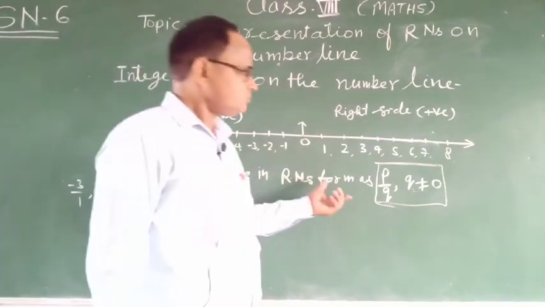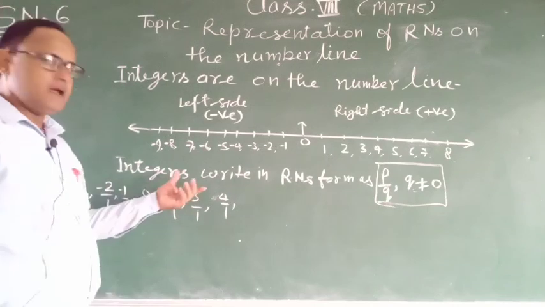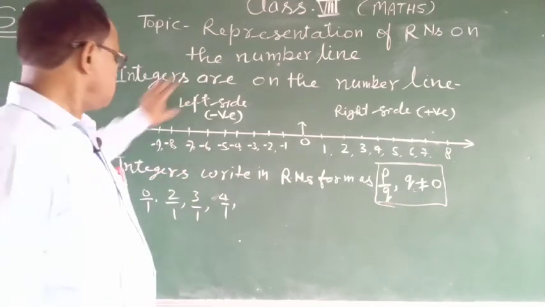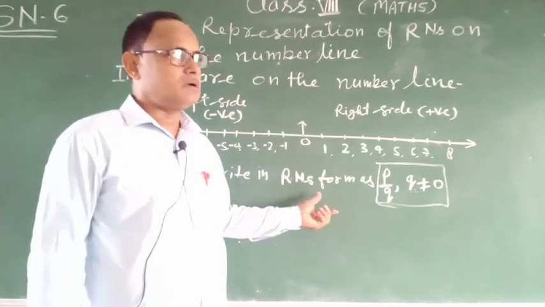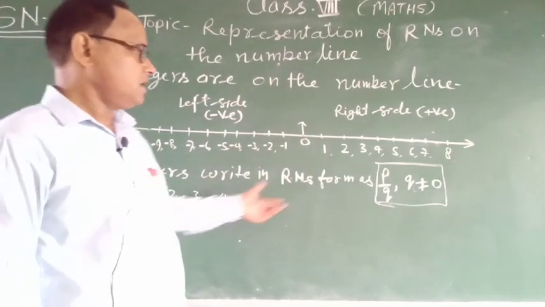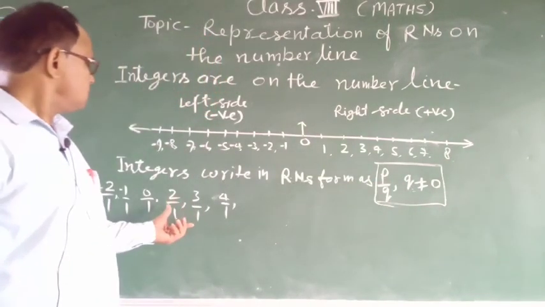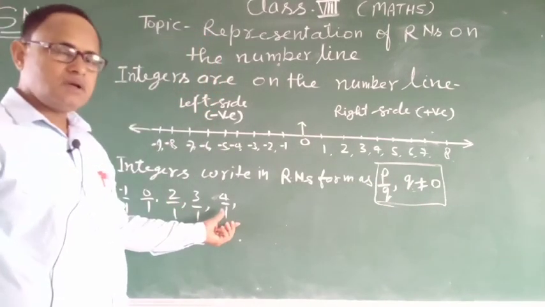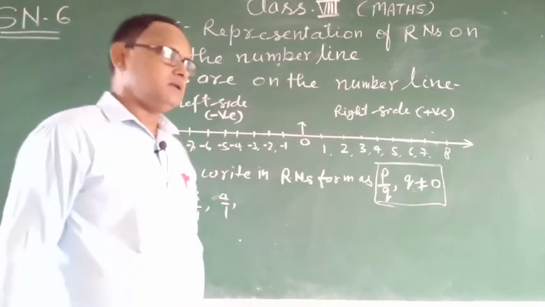Before this I have taught you the difference between integers and rational numbers. All integers can be written in P by Q form. All integers are rational numbers, but all rational numbers are not integers.